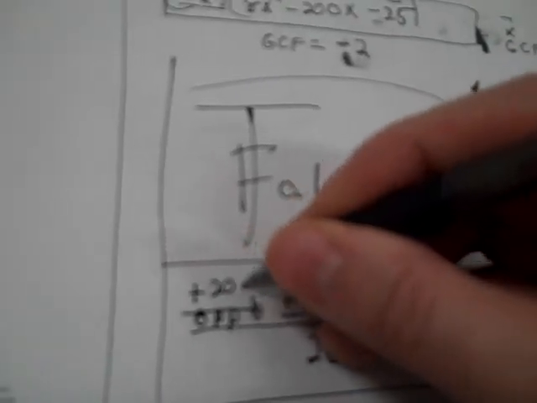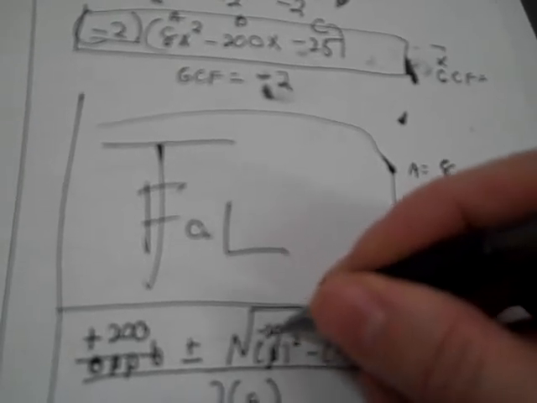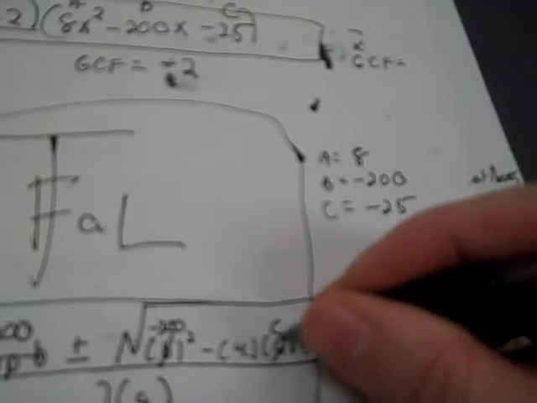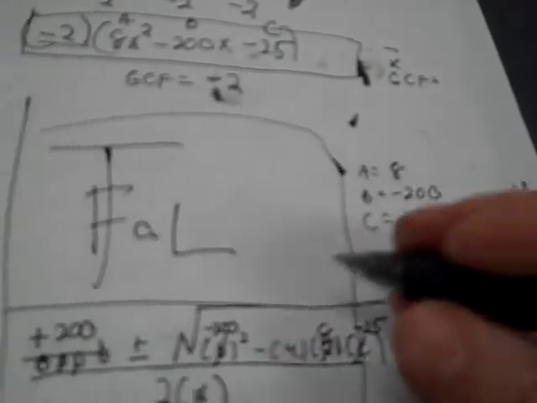B is negative 200, and C is negative 25. So for the opposite of B, we're going to switch that to plus 200. Then B itself, negative 200. Then 4A, A is 8. Then C is negative 25. And then the A on the bottom is 8.